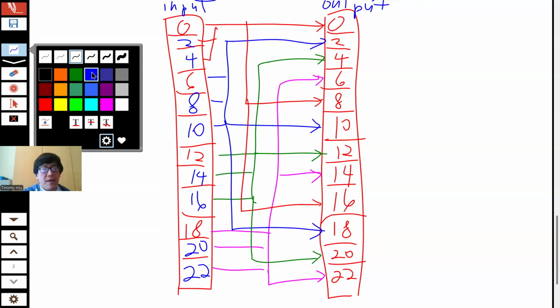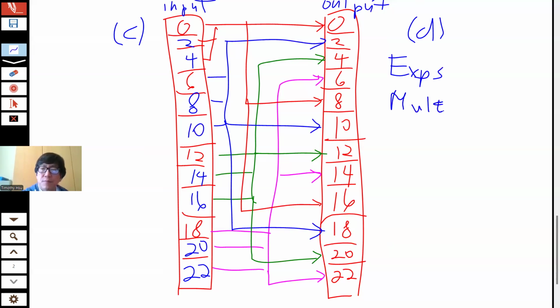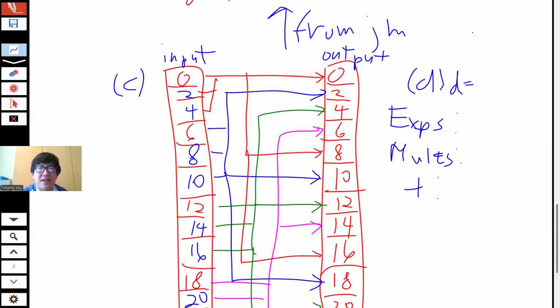For complexity, you remember part D. Oh yeah, just for clarity, that was the answer to part C. Now part D was asking about the number of exponentiations, the number of multiplications, and the number of additions. And this ends up being not that deep once you get the idea.